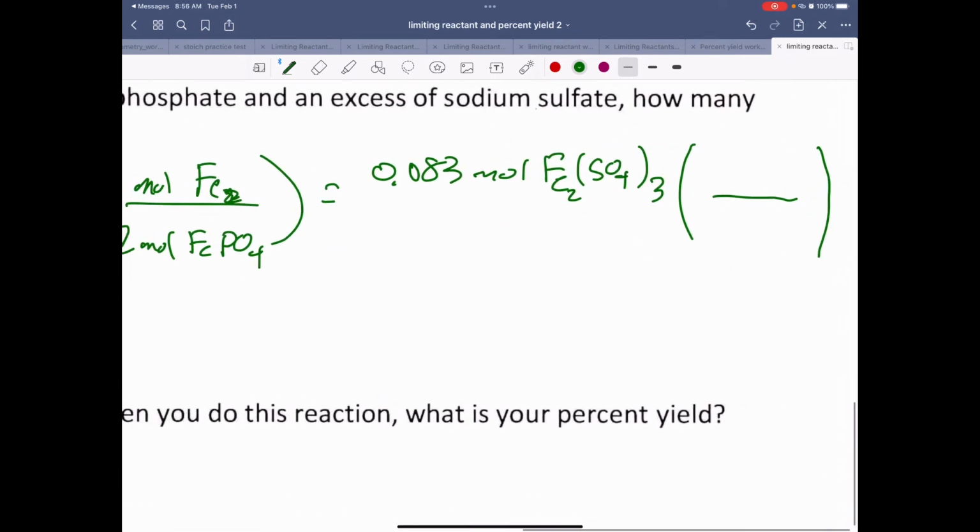Okay, so 55.85 times 2 plus 3 sulfates, so 3 times 32.07 plus 12 oxygens, so 12 times 16, and I get 399.91. So 399.91 grams per mole of that stuff. So 399.91 times 0.083, and I get 33.19 grams.